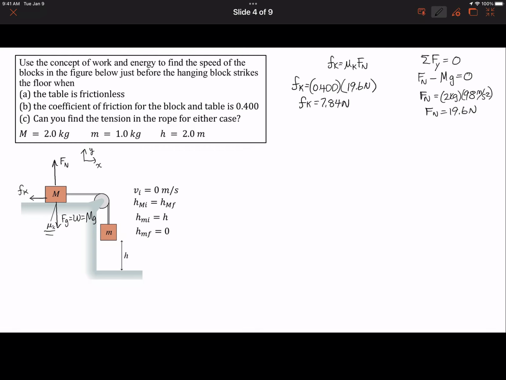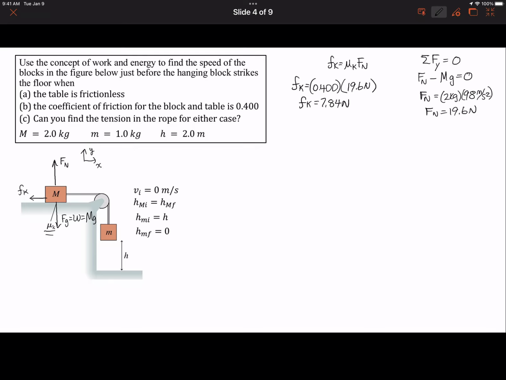So there is work being done by the tension, but there's positive work being done by the tension on the big mass, and there would be negative work being done by the tension from the little mass. And so essentially those cancel out because those are internal. So the sum of the tension acting on our system would end up being 0. So we don't have to worry about that because essentially it's an internal force.